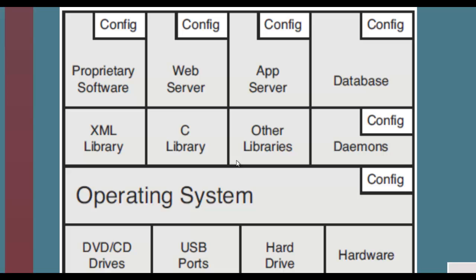On top of that there is an operating system which you configure, and on top of that you have several libraries like the XML library, C library, other libraries, daemons, etc. You configure those, and on top of that you have proprietary software, web servers, application servers, database, etc. There are a lot of things to configure.